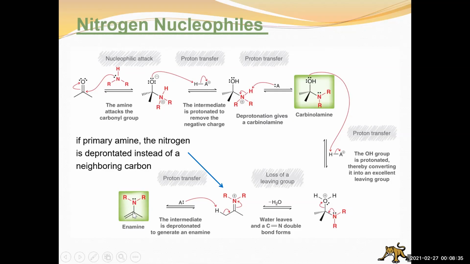So you'd need to do a proton transfer to protonate it. How do you go from here to here? Well, notice that one has a water molecule on it that this one doesn't have. To go from here to there, you had loss of a leaving group, taking off a water molecule. So to go from here to here, you'd need a nucleophilic attack where you add a water molecule.